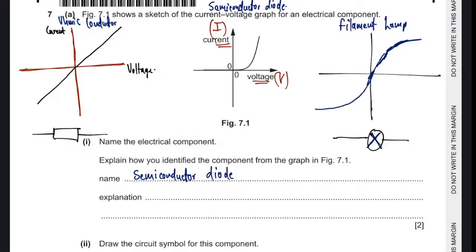Now, the next question they can ask you is, can you tell us how you identified that that was the graph of a semiconductor diode. So basically, if it is an ohmic resistor, resistance is constant.